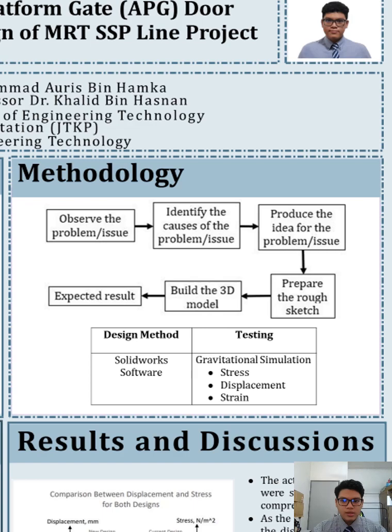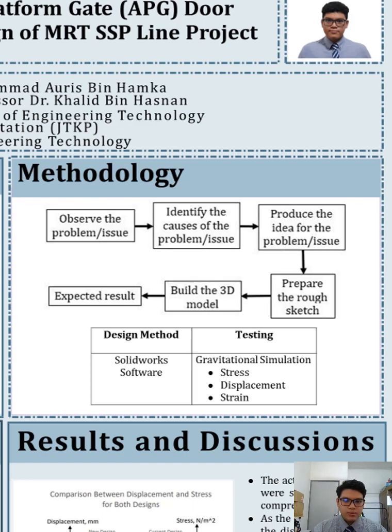Next, we produce the idea for the problem, which is the sliding effect on the rubber door. Then we go on to prepare the rough sketch of the new design.